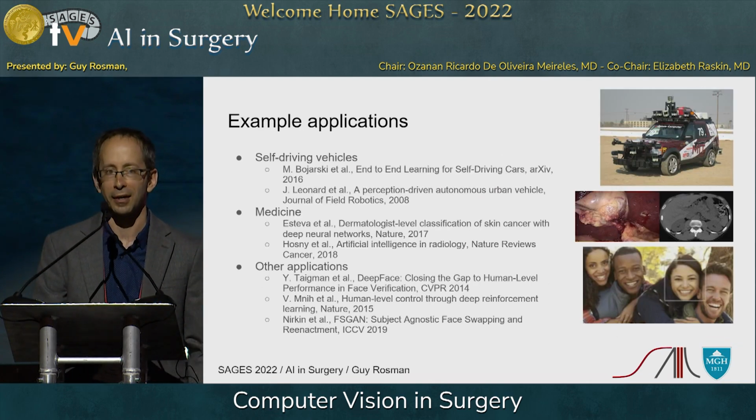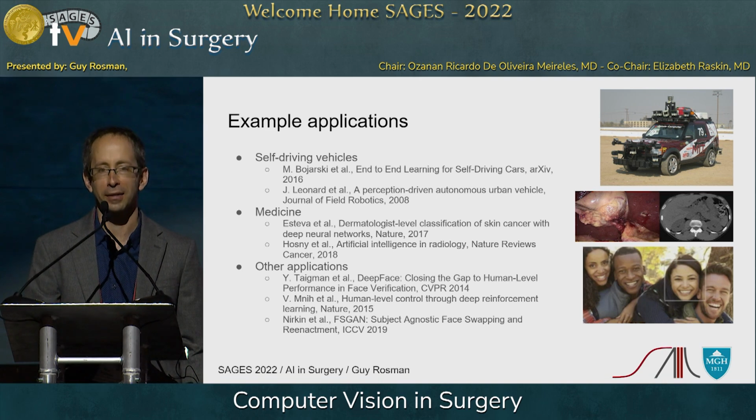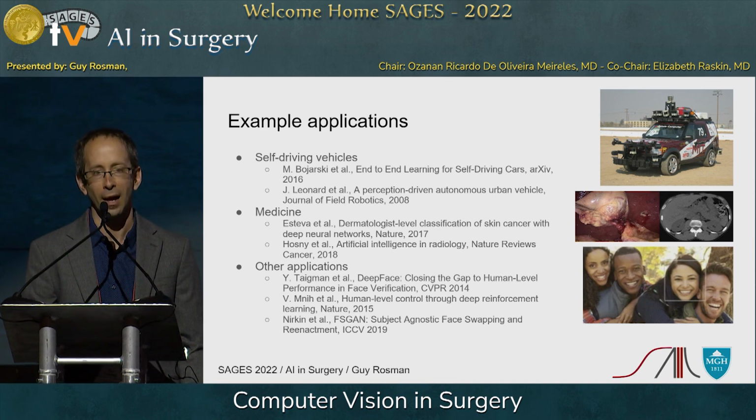In terms of recent high-impact results that we've seen, obviously self-driving cars have made a lot of headlines. We take sensor inputs from cameras and LiDAR and whatnot, and we can actually decide how to move the car, how to interact with other road agents. We've seen a lot in medicine in general, different imaging modalities and different applications and tasks in medicine.